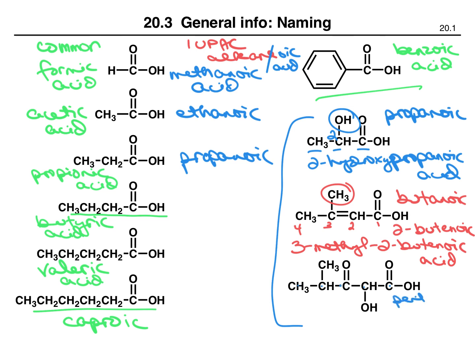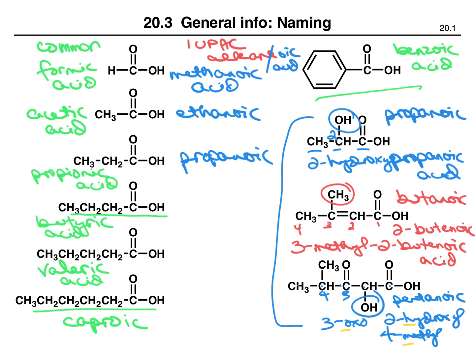So this is pentanoic as the base name. At carbon 2, we have a hydroxyl group. At 4, we have a methyl. And at 3, we have a ketone, but when we name it as a substituent, it is an oxo. Then we list the substituents in alphabetical order.